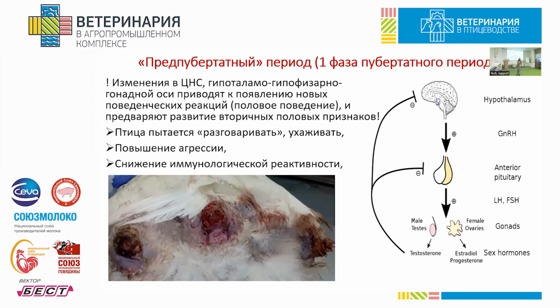You will not see the secondary sex characters, but the behavioral changes will be obvious. And flock managers, as well as attentive vets, clearly see birds in heat. Chicks start licking each other, and this is not aggression.